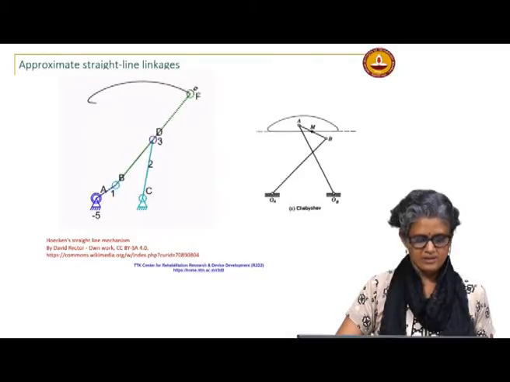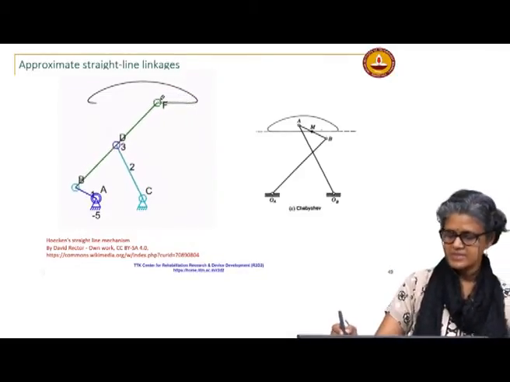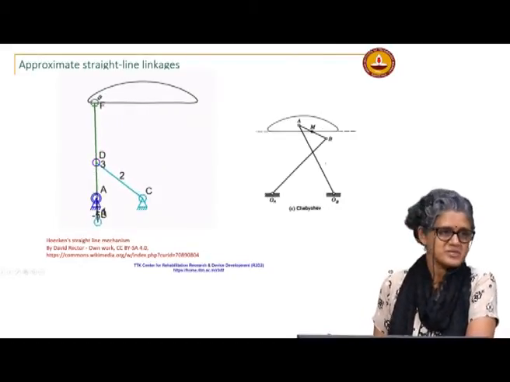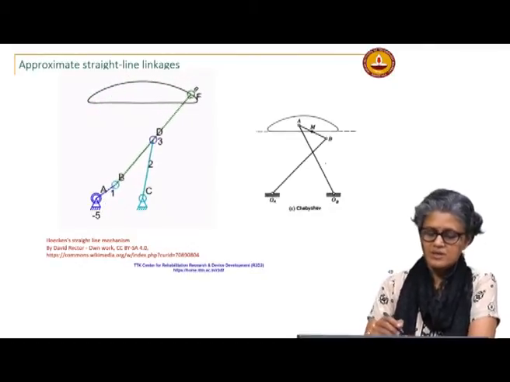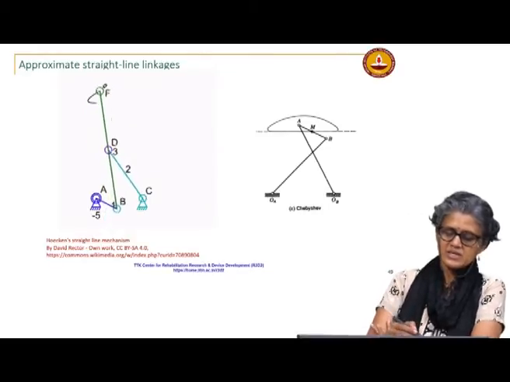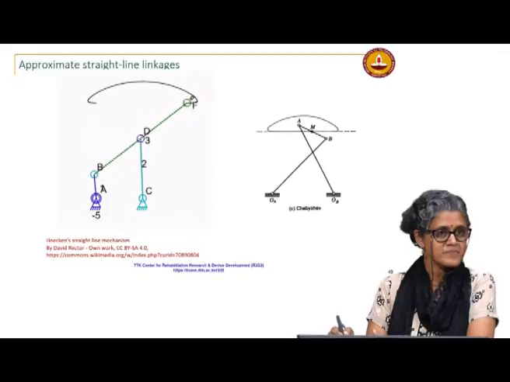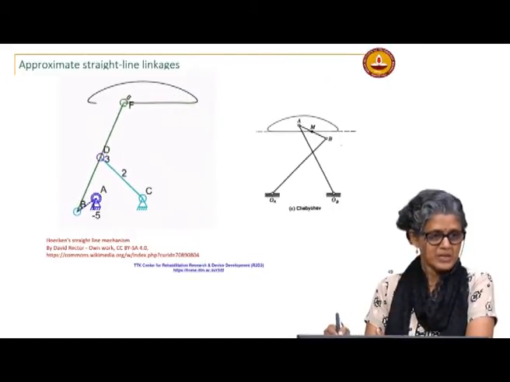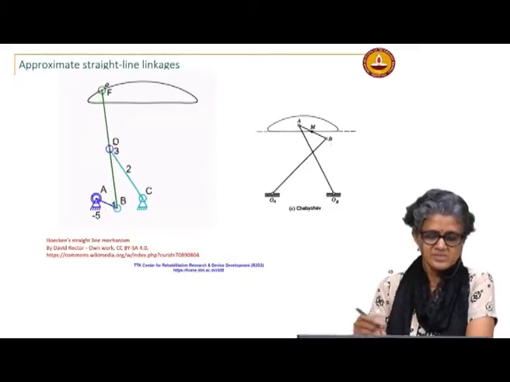And the Hawkins linkage is a cognate of the Chebyshev. The Hawkins linkage can be derived as a cognate of the Chebyshev, and you can see here the coupler point is like the problem that we did, where the coupler point is between the points A and B on the coupler base.